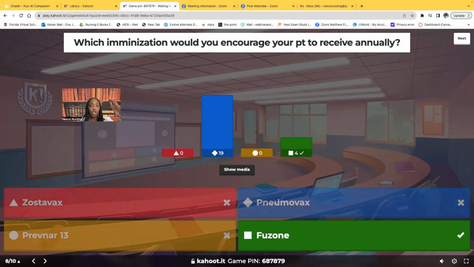It's given 4 times: 2 months, 4 months, 6 months, and then around 12 to 15 months, right? That's the Prevnar 13. After that 4th dose, about a year later, that's when the patient takes the Pneumovax. And it's not annually. This question was asking you about annually. So the only correct answer was the flu shot.